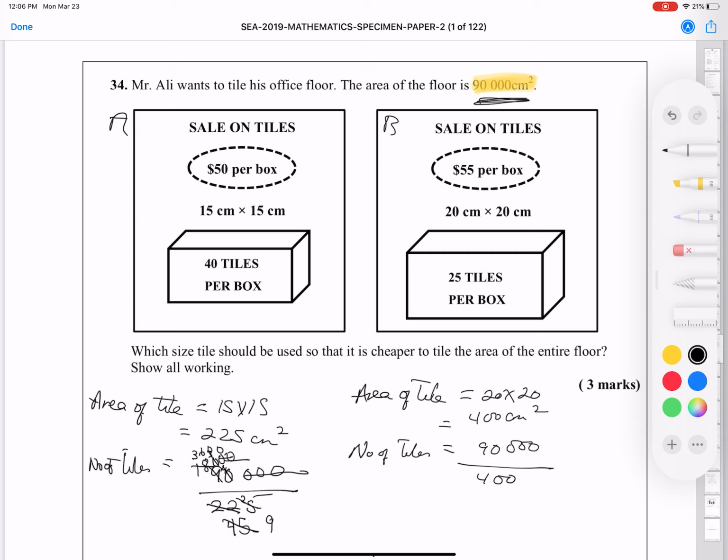Let's look at the price now. $50 per box, $55 per box. But are they selling the tiles singly? No. 40 tiles per box.